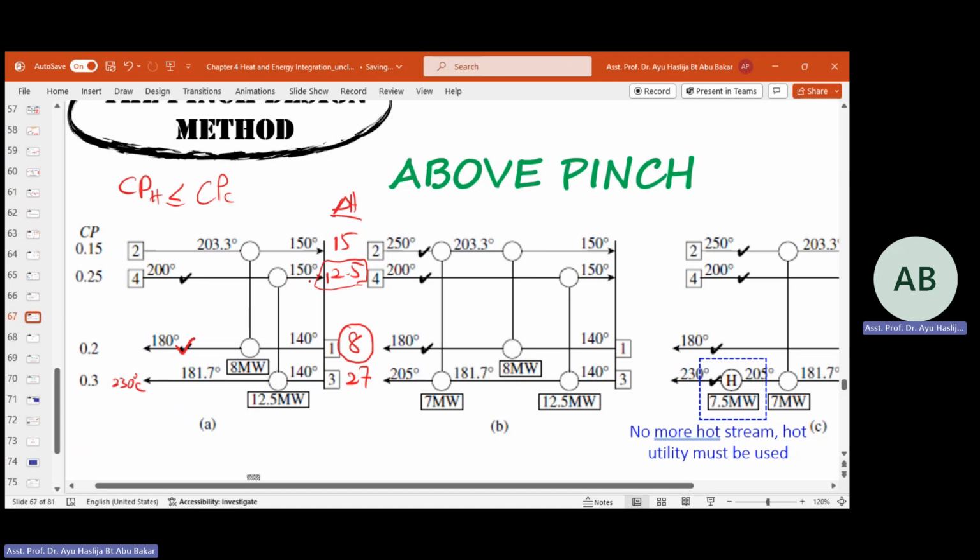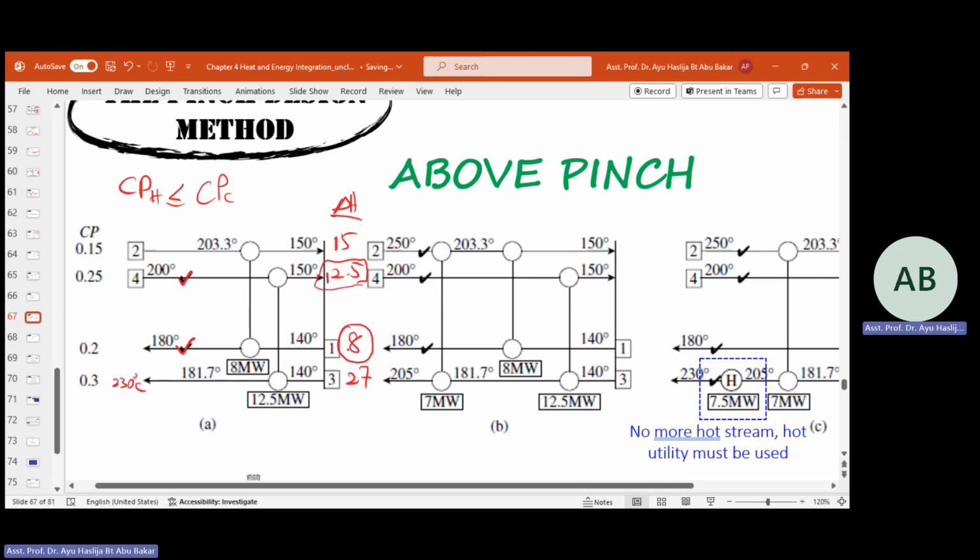Okay, so stream 4 is ticked off, as it has been used up. It already passed down all the delta H. So stream 4 and stream 1 are settled. Now stream 2. Total is 15.